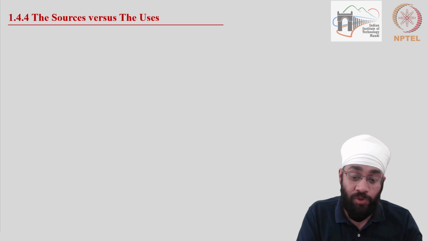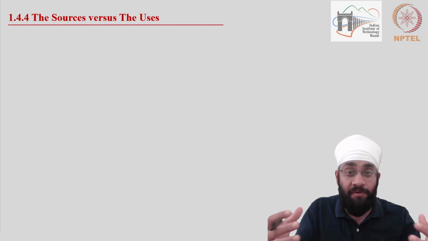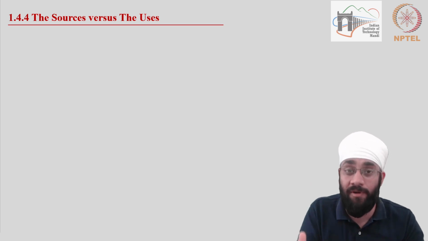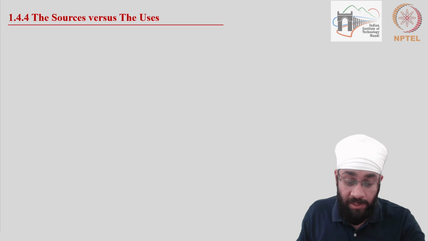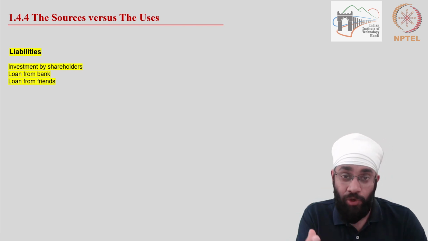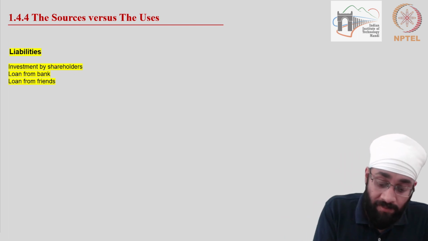and now let me use these four key terms of accounting, the sources and uses, and try to illustrate to you how a business functions and how these four terms make up the whole process of transacting in the business. Now, you begin business and you bring in some money from the shareholders, you take loans, right?